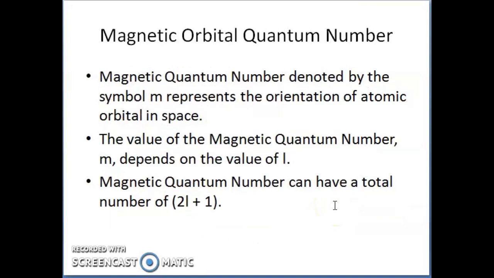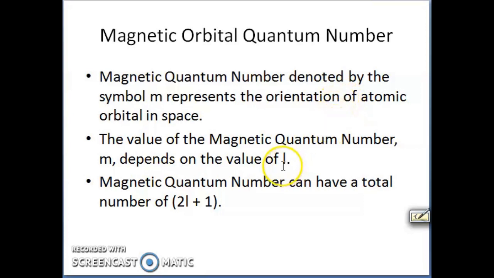The next quantum number is the magnetic orbital quantum number, denoted by the symbol m. Its main importance is that it helps us find the orientation of the atomic orbital in space.